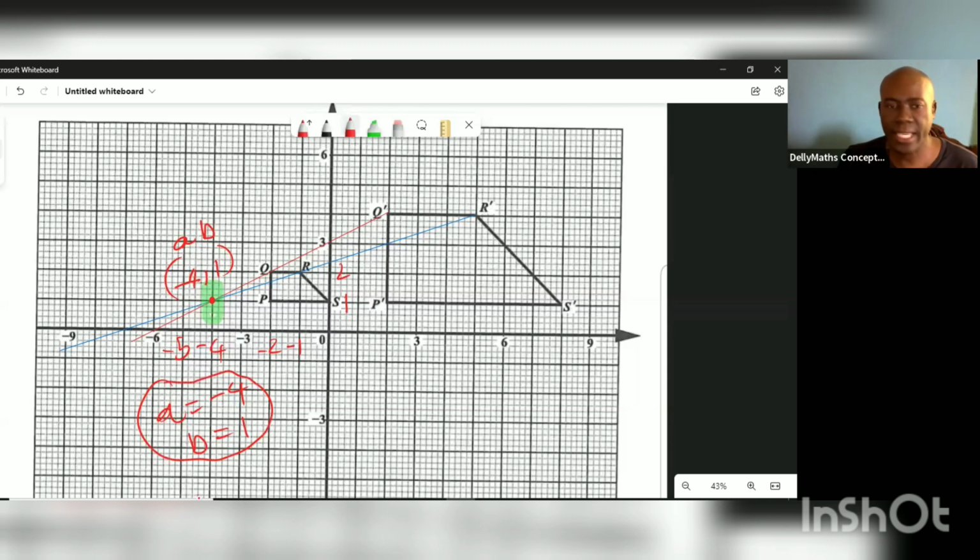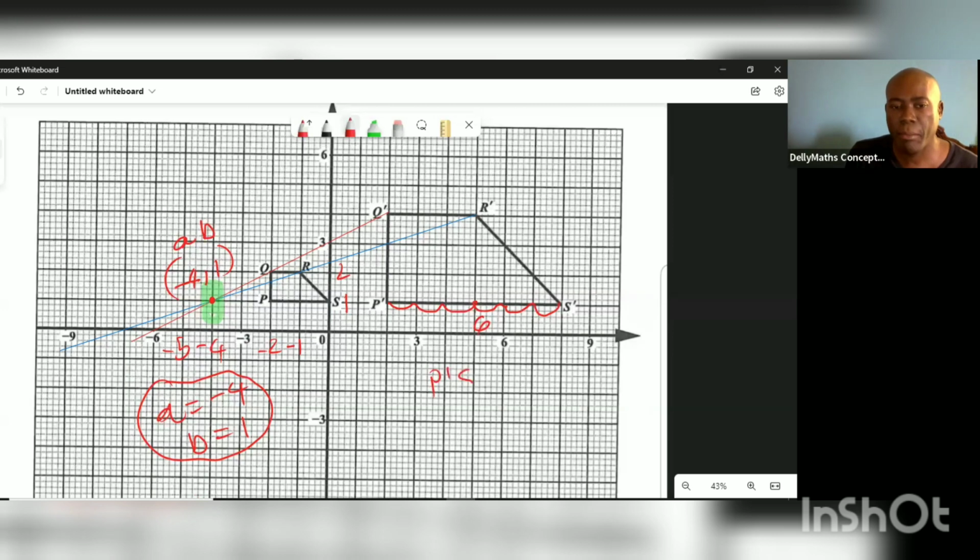In terms of my scale factor, the scale factor is very simply linking two corresponding sides. For example, let's count from P prime to S prime. Counting P prime to S prime, I'm counting 1, 2, 3, 4, 5, 6 units along that side.